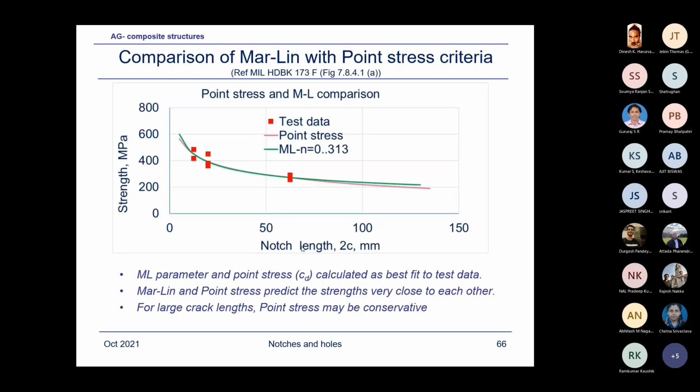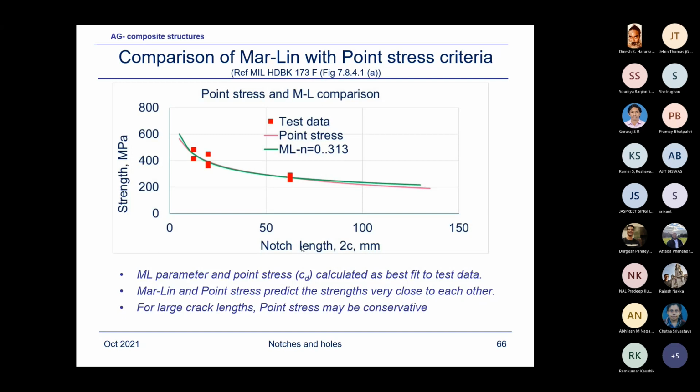What I did, I picked up some test data and used both these methods, point stress criteria and the Mar-Lin approach, and tried to use the best fit for both these methods. And I plotted over here. So you can see the variation of the strength.